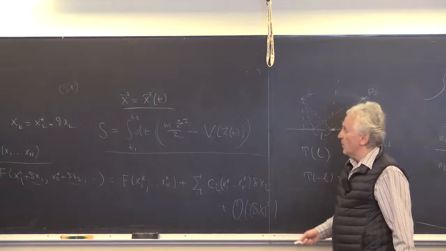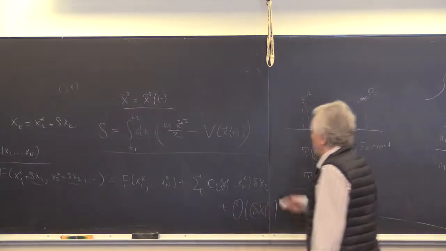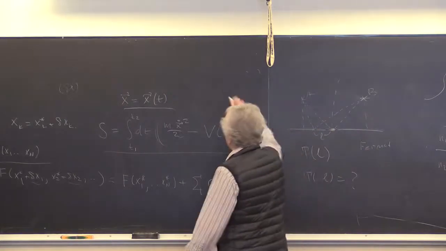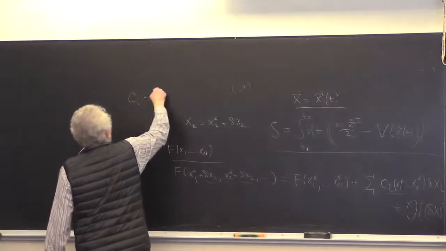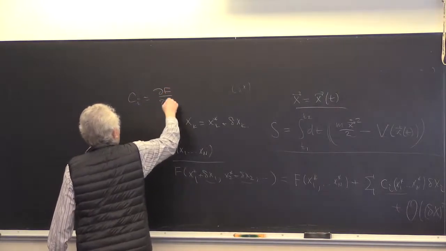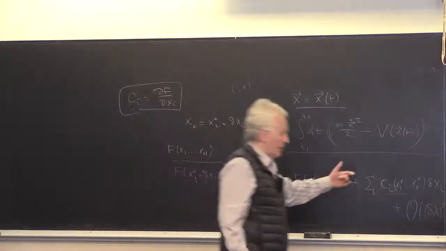Now what we call partial derivatives is those ci. The cis are nothing but partials. It's a definition of the partial derivative, if you wish.